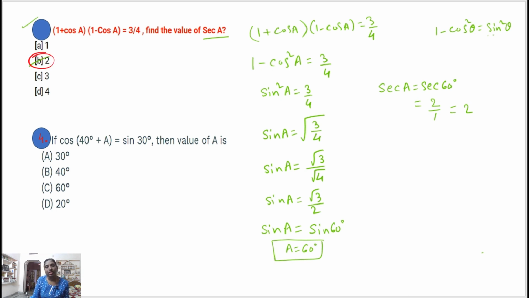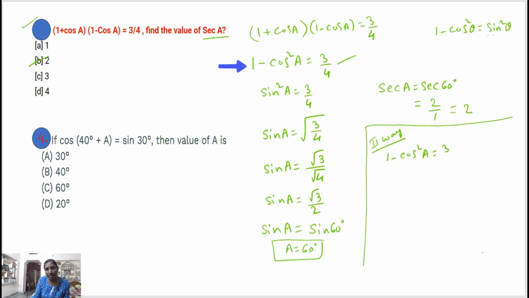Okay. So one more way is there. Second way is to find out the value of a. Here it is given, no? See here, 1 minus cos square a is equal to 3 by 4 is given.